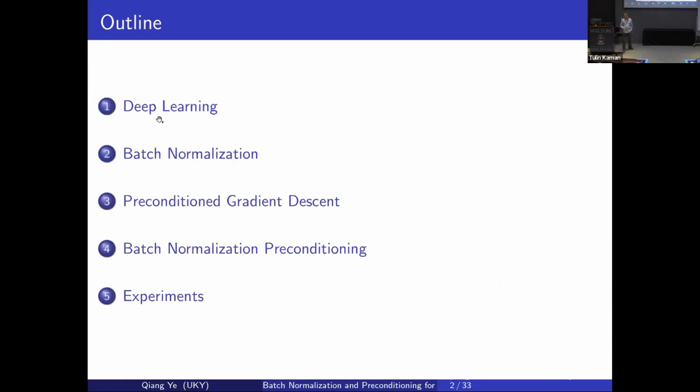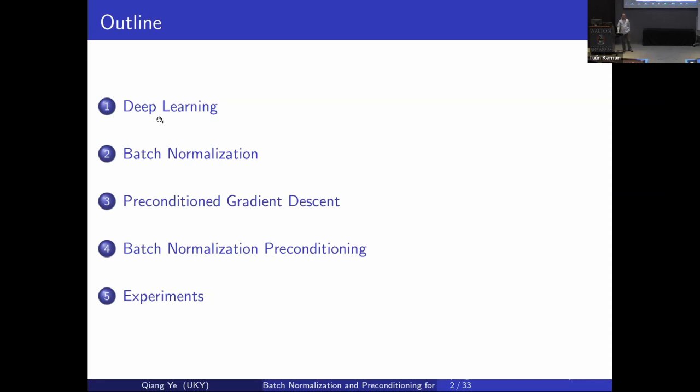So here's a brief outline. Since I'm interested in deep learning, I will first give you a very brief introduction of deep learning. I'm lucky because Jay gave his talk first, so you already have the introduction there. So I'm going to go through deep learning very fast. And then we'll talk about a very popular technique in neural network training called batch normalization, which is related to what we're going to do.